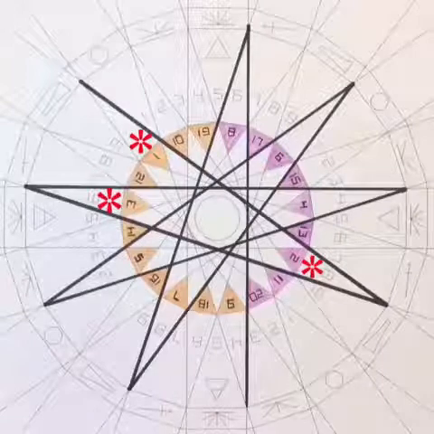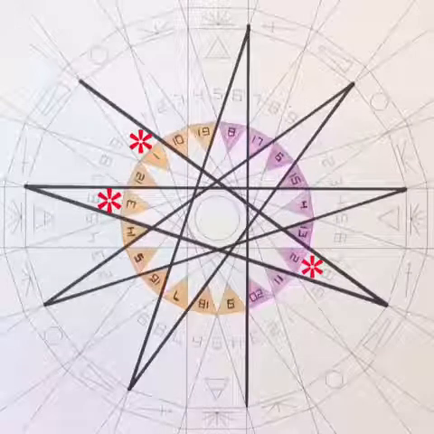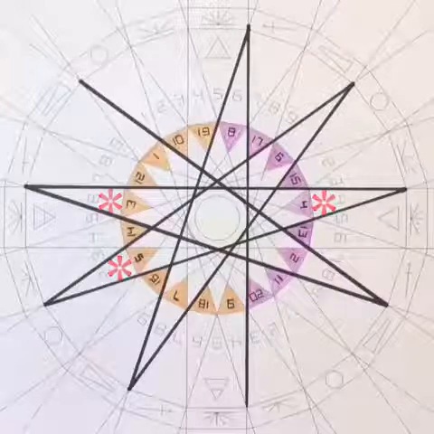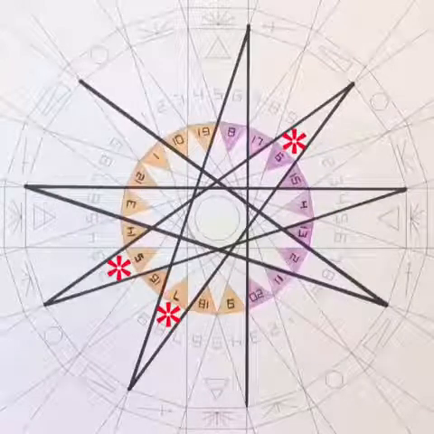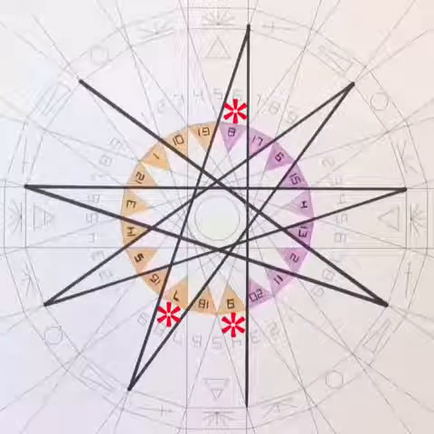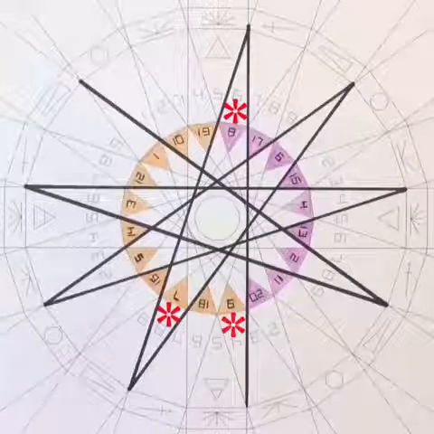The 2 is opposite the 1 and the 3. The 4 is opposite the 3 and the 5. The 6 is opposite the 5 and the 7. And the 8 is opposite the 7 and the 9.